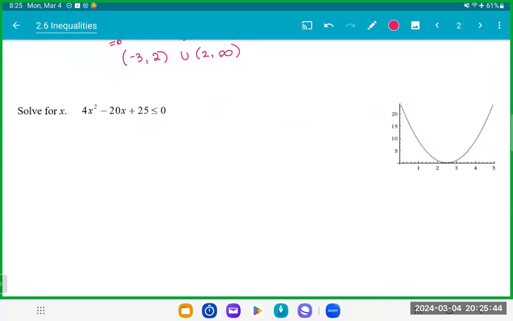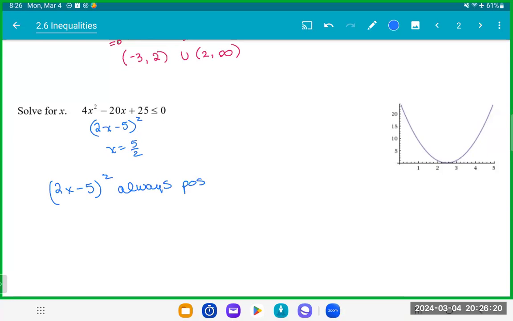Okay, for this next one, we do see that there's some equality in this graph, right? So for this one, we have 2x minus 5, it's going to be squared. So x equals 5 halves. But the thing is, when you have 2x minus 5 squared, that's always positive, right?